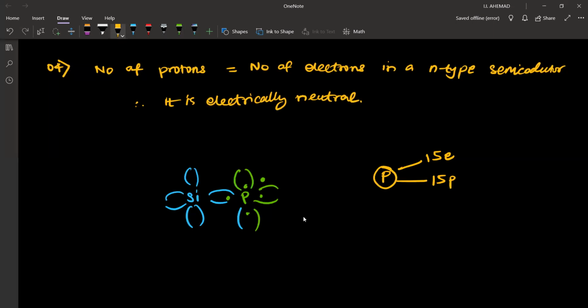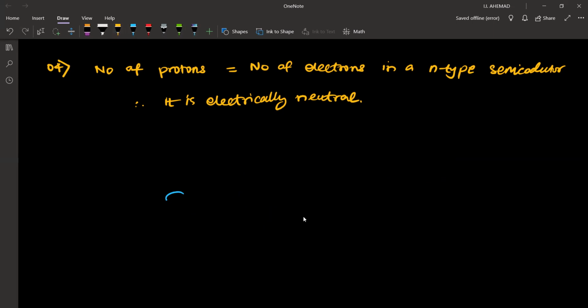So actually, it is not creating any additional charge. So it remains electrically neutral. Is that idea clear? Those who got it, can you raise hand? Or if anyone has any doubts with that, you may ask. If you still didn't get the idea of the fourth note.